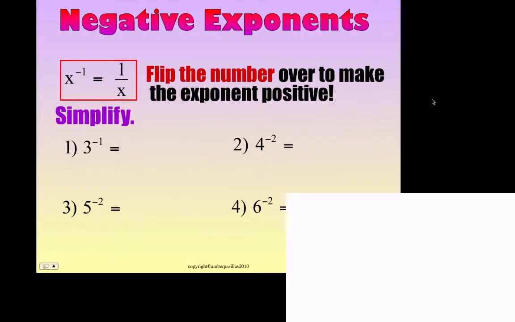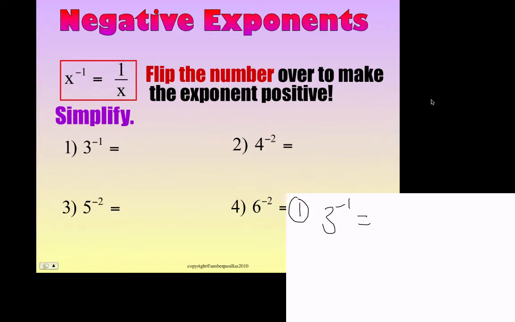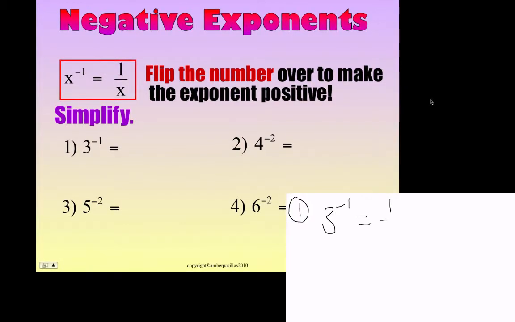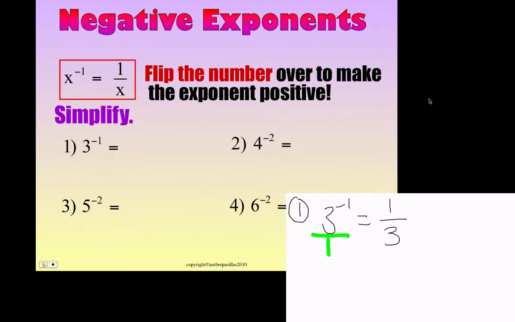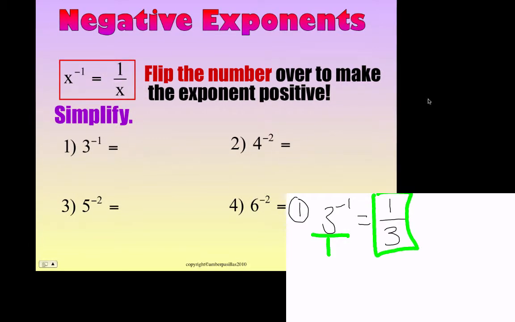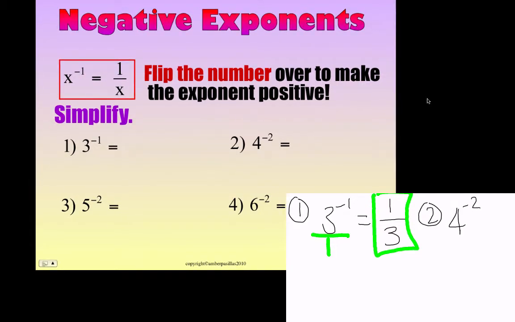Okay, so number 1, 3 to the negative 1. You're going to move the 3 to the bottom, because remember, there's always an invisible 1 underneath all of our numbers. So then we have something to flip. So this guy turns into that, 1/3. Okay, number 2 over here was 4 to the negative 2. So it's going to flip and become 4 squared, which is going to be 1/16.